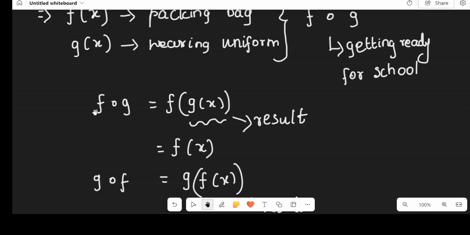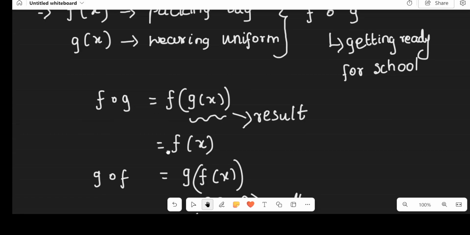F of g, as I said earlier, f means f of x, g means g of x. We can write f of g as f of g of x. This is kind of a formula. It is constant. It will not change.